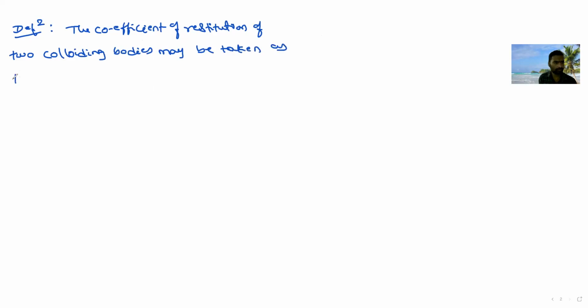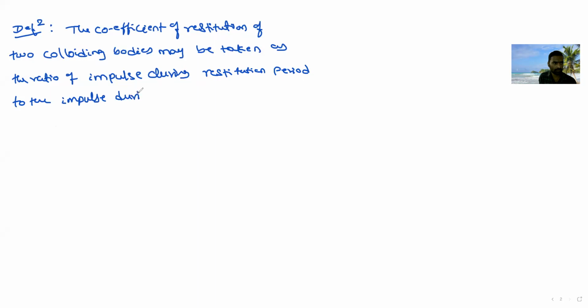the ratio of impulse during the restitution period to the impulse during the deformation period.